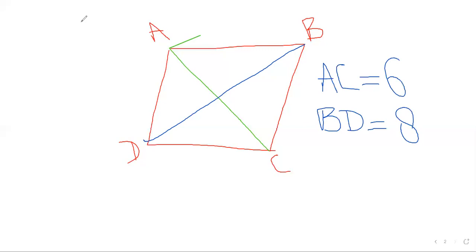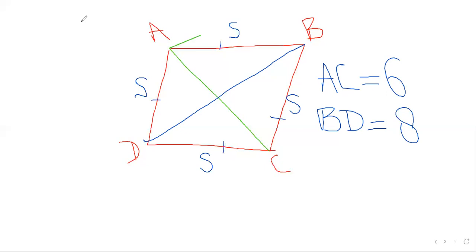So what is the length of each of the four sides? One thing more: when we have this type of figure, all the sides are equal. What I can say, this is S and this is also S, this is also S, and this is S. So these sides are equal.